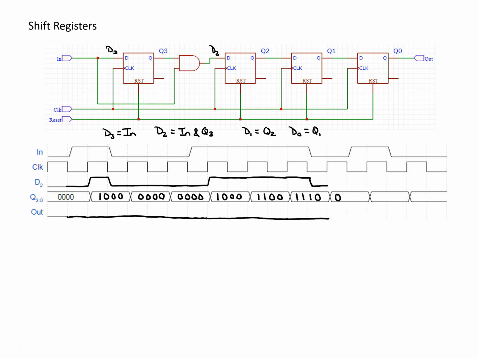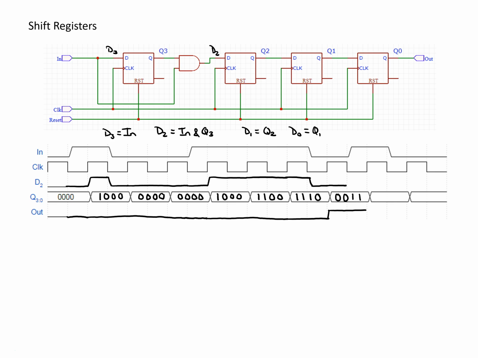And since D2 is 0, that means the second most significant bit is going to be a 0. And then for the next two bits, we're taking on the value of Q2, which was 1, and also Q1, which was also 1. And so at this point, our output, which is the least significant bit, is going to become a 1.